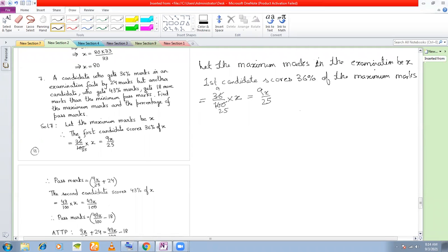Okay. Now, even if he scores 36% of the total marks, he fails by how much marks? He fails by 24 marks. Therefore, whatever marks he gets, if I add 24, he should pass. Therefore, what should be the pass marks?